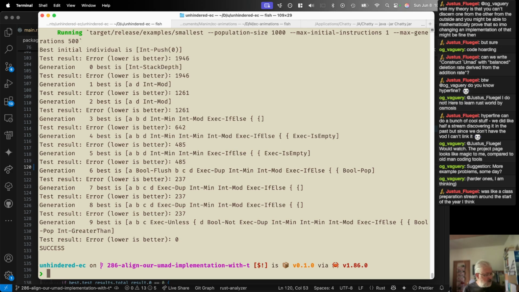So yeah, more example problems, absolutely, and certainly some harder ones would be good. I mean, we only have a handful, and they're all very easy and very solvable. I have been thinking about, my goal in some sense would be to have just all the PSB problems implemented.